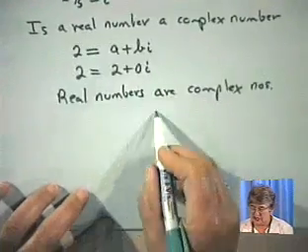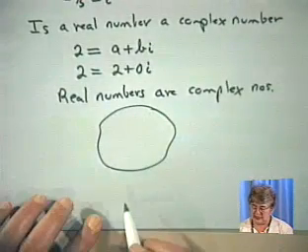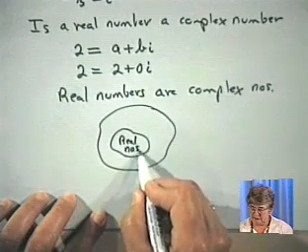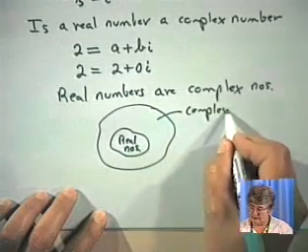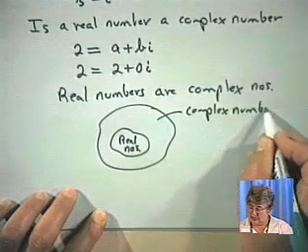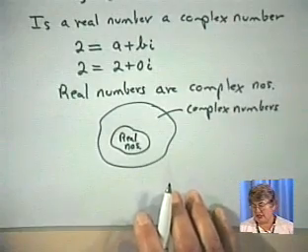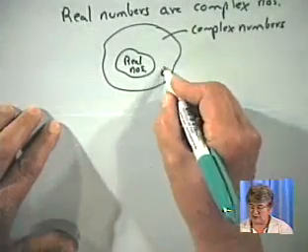In fact, you can think of complex numbers being in a set like this. Real numbers are inside it, but there are an awfully lot of complex numbers which are not real numbers at all. In fact, the number i is not a real number, so that's going to be somewhere over here.